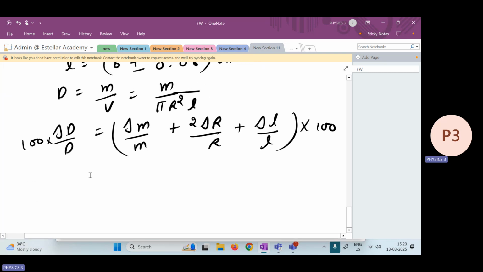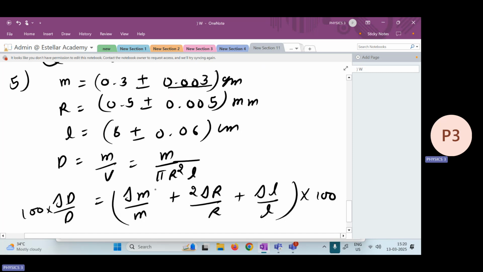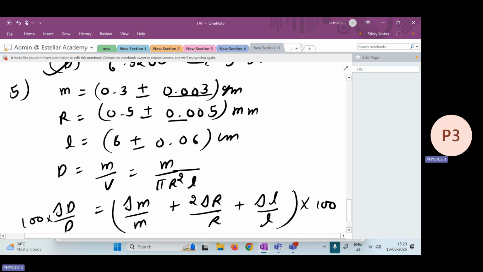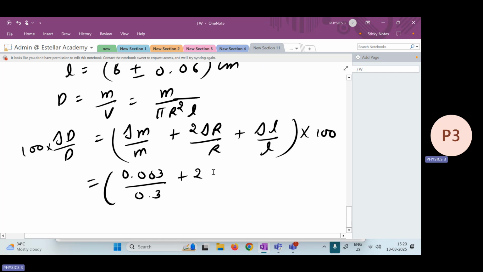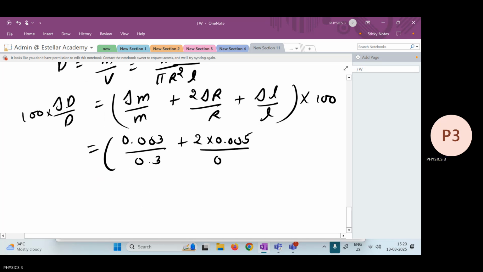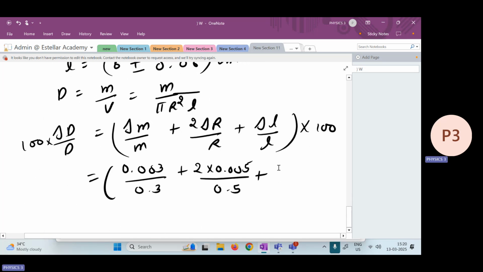So percentage error comes out to be, as we can see, delta m is 0.003, and m we have 0.3. So 0.003 upon 0.3, plus 2 into delta r, we have 0.005, upon this 0.5, plus delta L we have 0.06 upon 6, into 100.